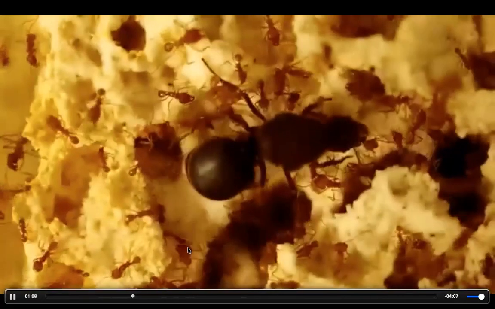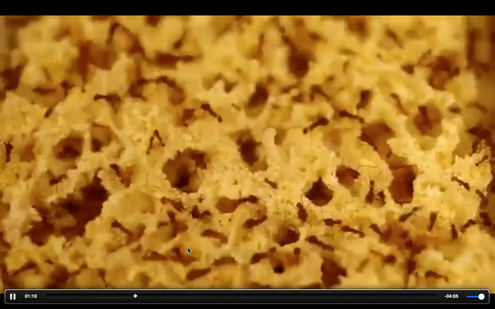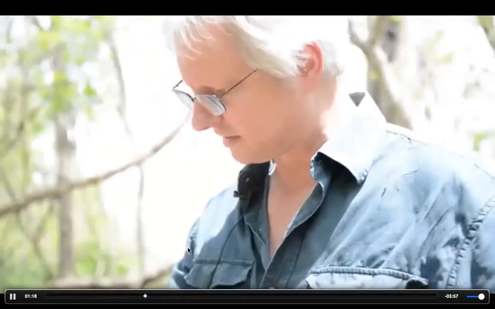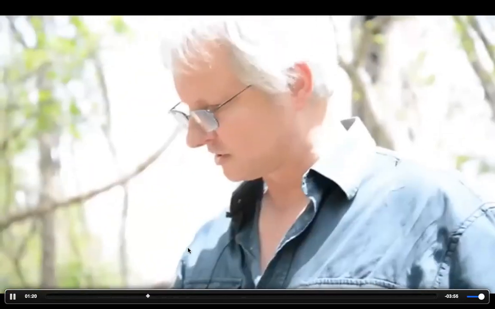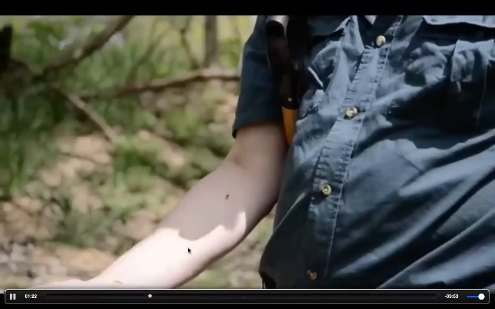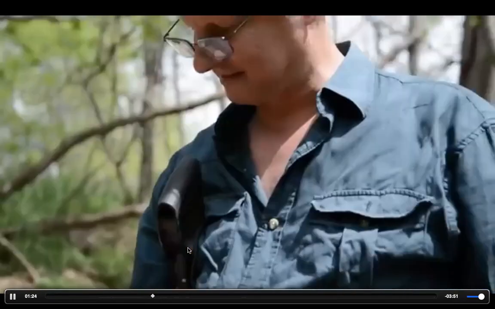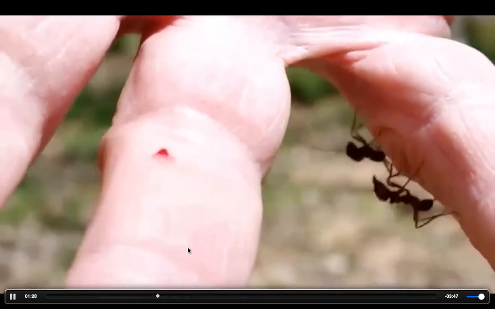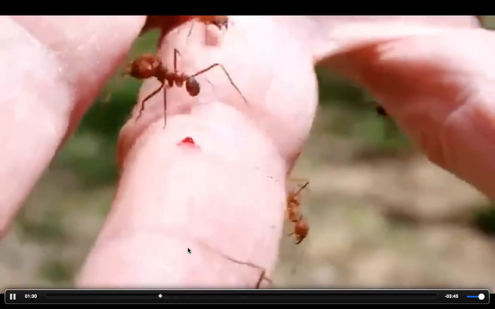There's one queen, perhaps several queens, and they are tended and assisted by maybe 5 million, 10 million workers. Workers come in different sizes. There's some really large ones like these over here that are called soldiers. They're mostly in defense of the colonies. They're not particularly adept at growing the fungus garden. For example, this one I just got cut here and I'm bleeding now. That was one of the soldiers who bit into my skin.